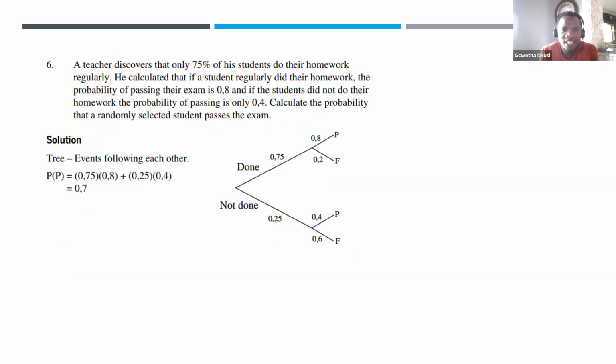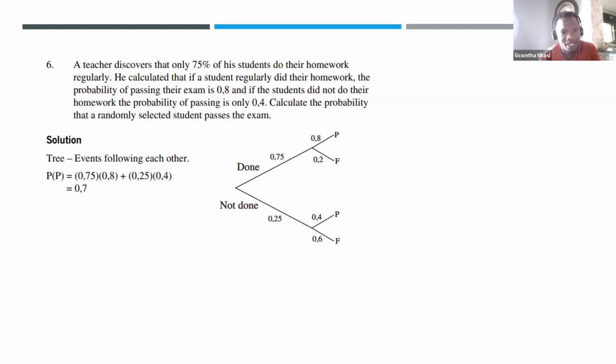He calculated that if a student regularly did their homework, the probability of passing their exam is 0.8, which is 80%. And if the student does not do their homework, the probability of passing is only 40%, sorry, 0.4.